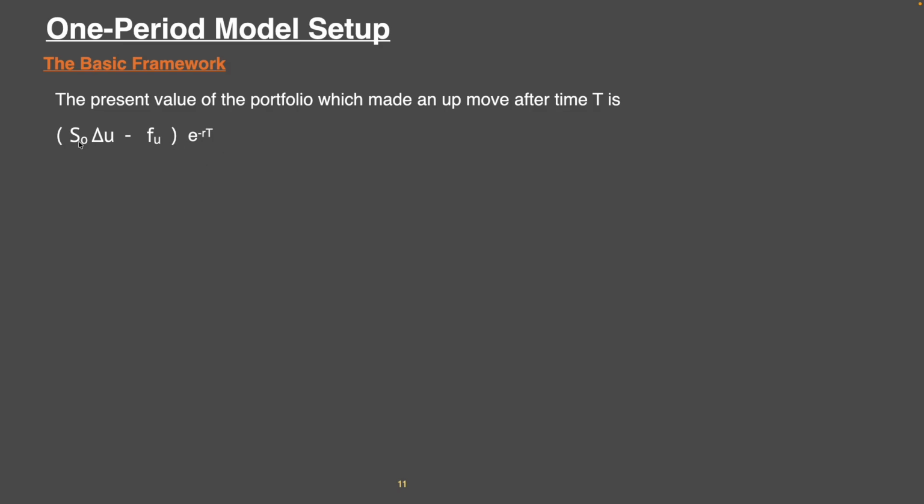So S0 delta U minus Fu is the value of the portfolio after time t when the portfolio has moved up. If we want to know the present value, we are going to multiply it by e to the power of minus small r into capital T. What is small r? Small r is the risk-free interest rate. Capital T is the time frame which we are considering for the time of the option.